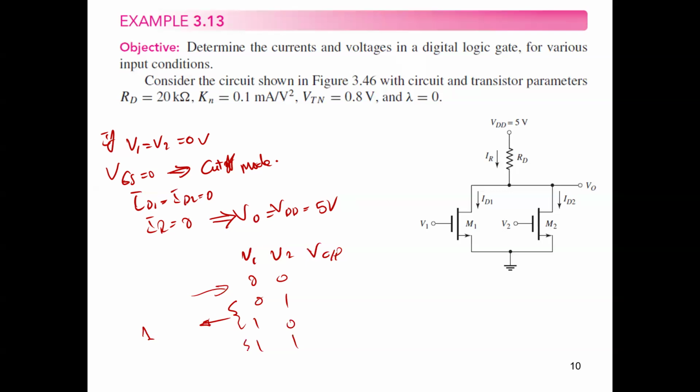And the last one is 1,1, which is another case to be calculated. So we have two cases to consider for calculation: when one of the MOSFETs is on, and when both MOSFETs are on.